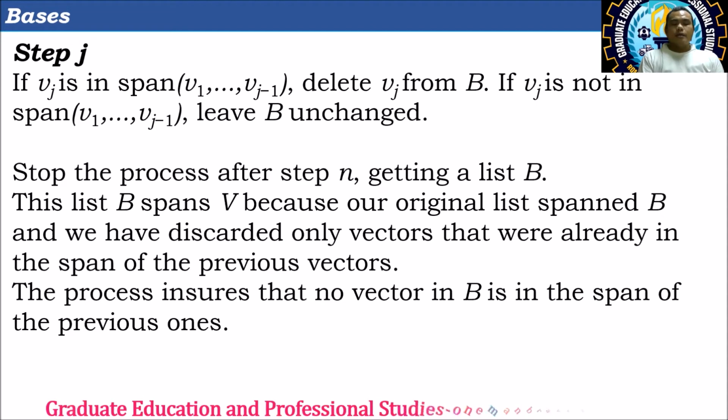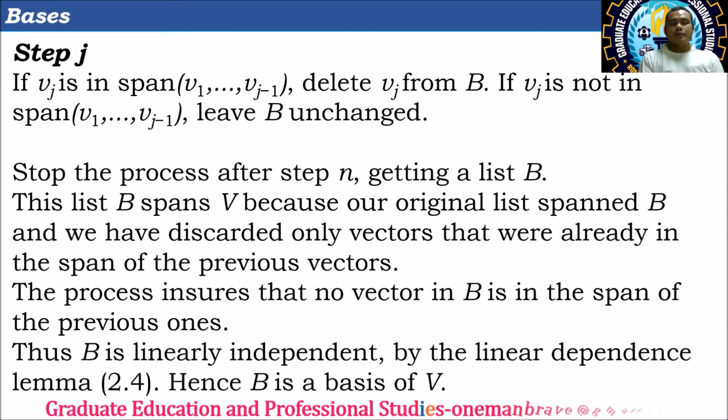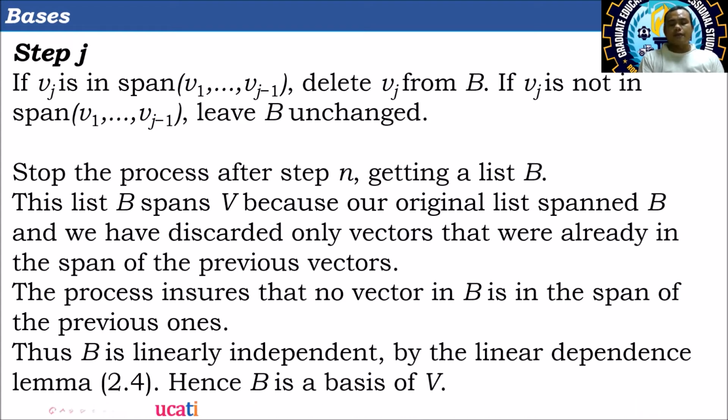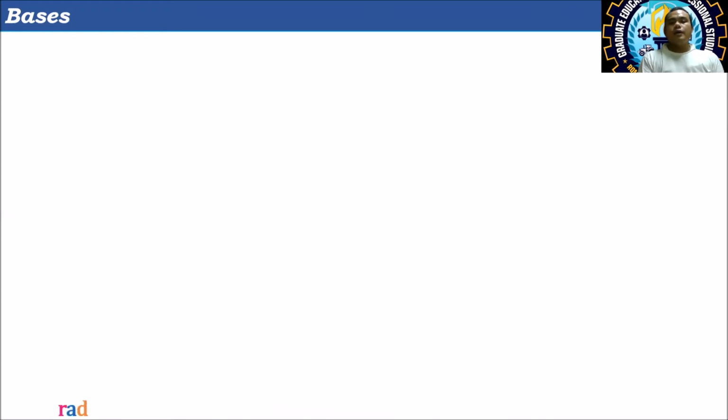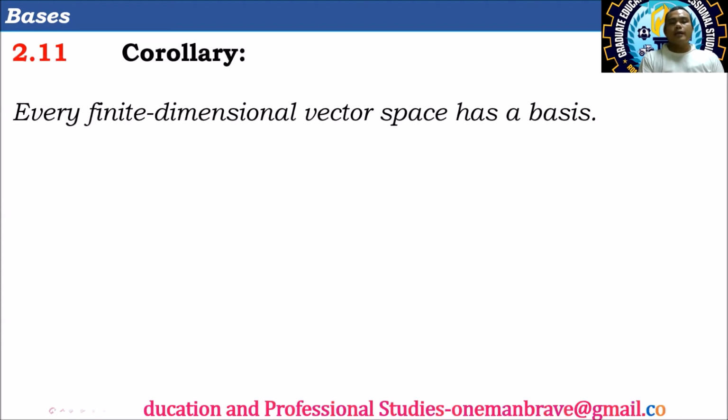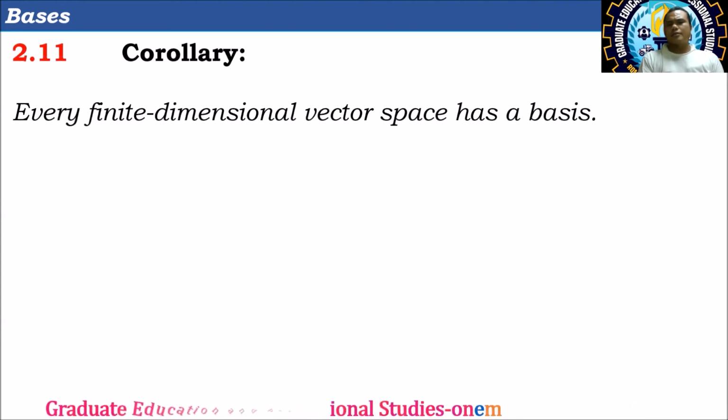Thus, B is linearly independent by the linear dependence lemma 2.4. Hence, B is a basis of V. Right, so we'll have here a corollary: every finite dimensional vector space has a basis. Of course, it is very clear, but let's show some proof.